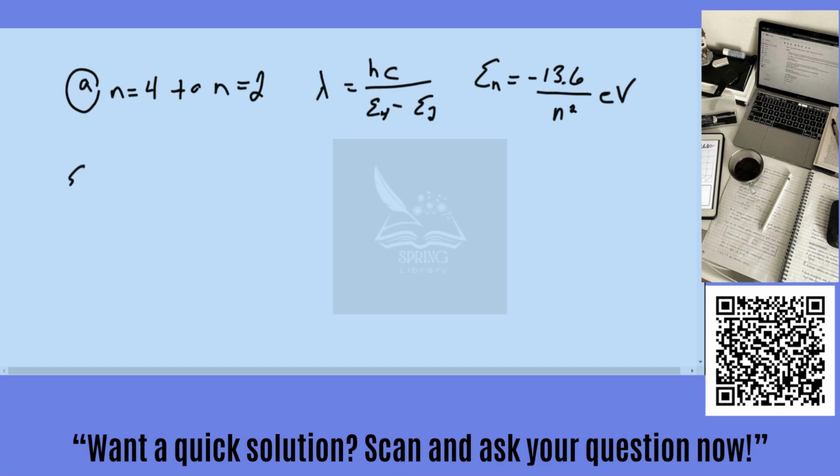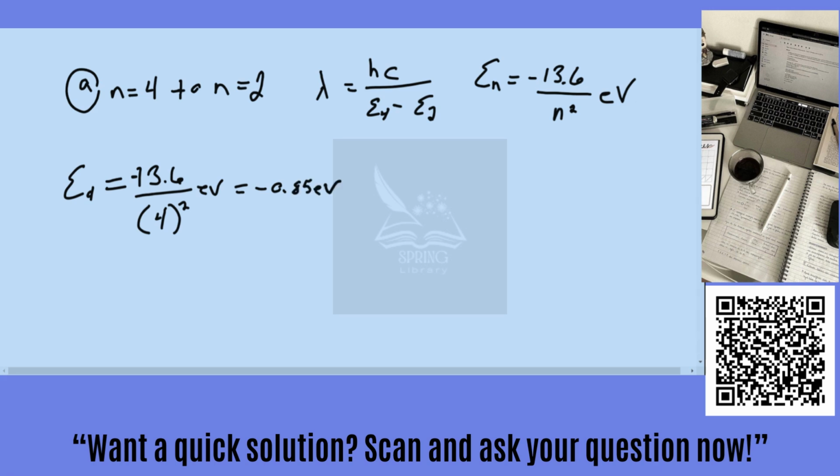So here we have E4 equals negative 13.6 divided by 4 squared eV. And that's going to give you negative 0.85.